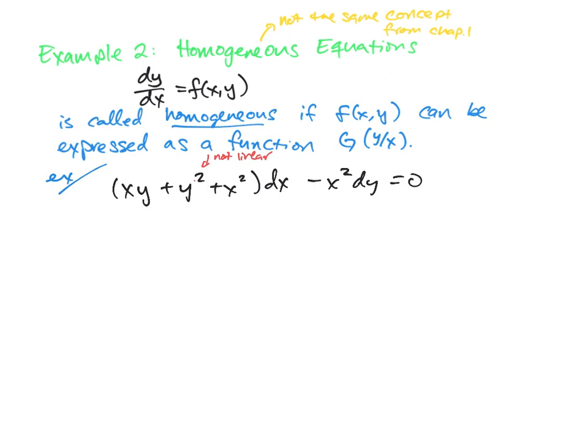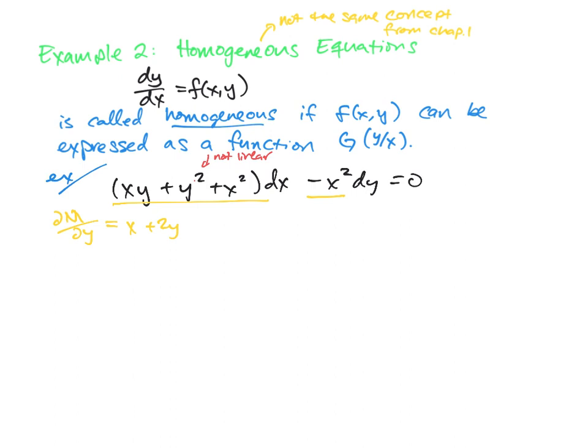So let's check. The really obvious guess would be that this is exact because this is written in the M dx minus N dy form. But remember the test for exactness. So we take dM dy, which would equal x plus 2y plus 0.